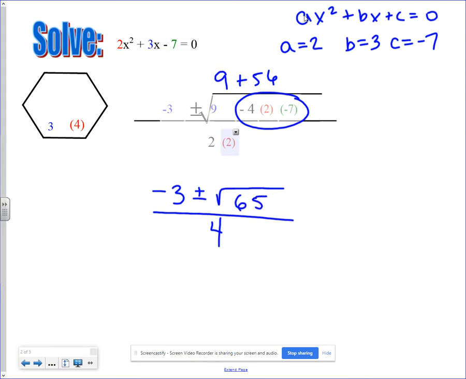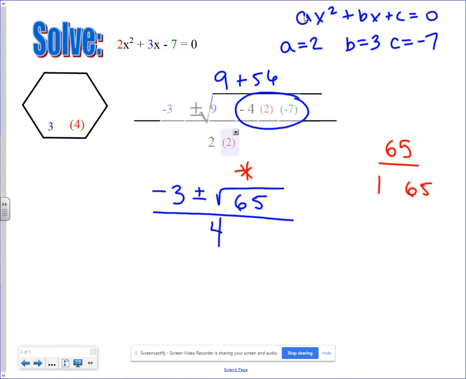Okay? So now what we want to do is see if my square root can be reduced. If it can't be reduced, that's my answer. If it can be reduced, we've got to reduce it. So 65, is that a perfect square? It's not. Is there a perfect square that goes into 65? What are the factors of 65? 1 times 65.